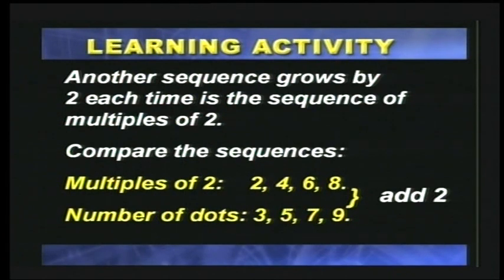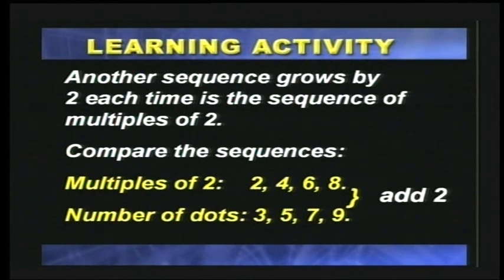If you were asked to have it in a pattern, you can see the number of dots: 3, 5, 7, 9. Each time you go up by 2, you add 2.